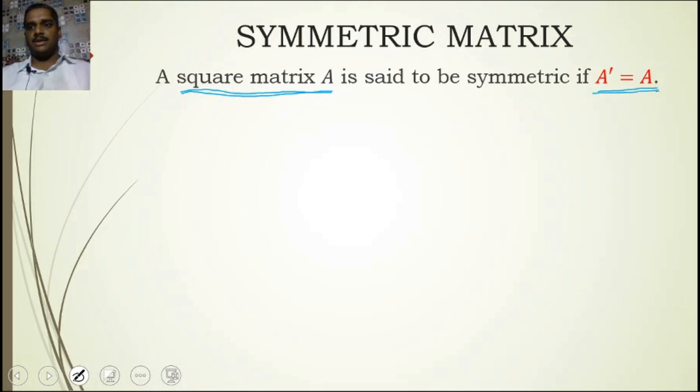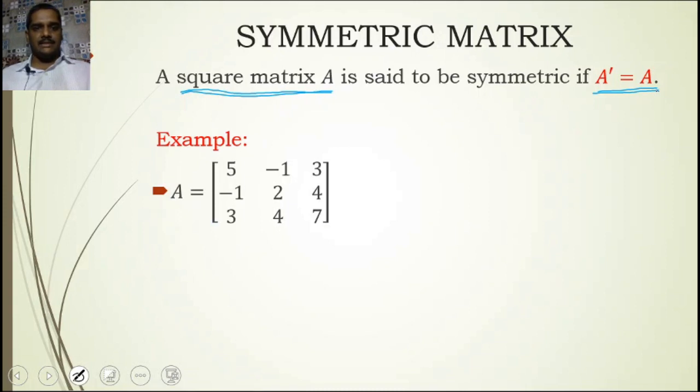This condition we can call the condition of symmetry. It is: if we take the transpose of the matrix and that equals itself, that is nothing but the condition of symmetry. Any square matrix in which, if we take the transpose, it remains the same, will be called a symmetric matrix.